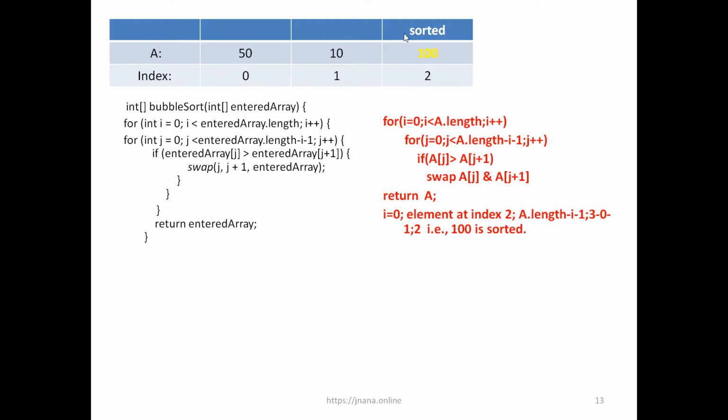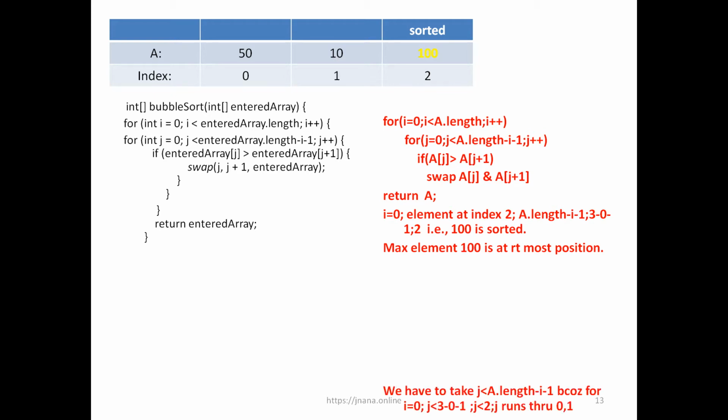We will not traverse to the last element. So when we write the condition as array.length minus i, the condition is satisfied, but because we are swapping j and j plus 1, we have to give the value as array.length minus i minus 1. After completing this discussion, I will show you what happens if we write array.length minus i. We will get an exception. So that is the reason why we have written array.length minus i minus 1.